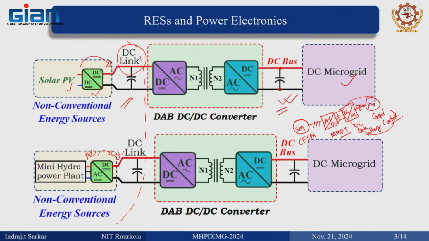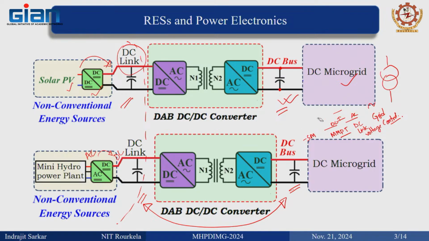These two voltages are not the same; this voltage could be higher and the DC microgrid voltage will be comparatively much lower. So, there is a voltage mismatch between these two ends. If you remember, for the back to back converter connected to the grid, we had a transformer to match the voltage. Here we do not have any transformer.